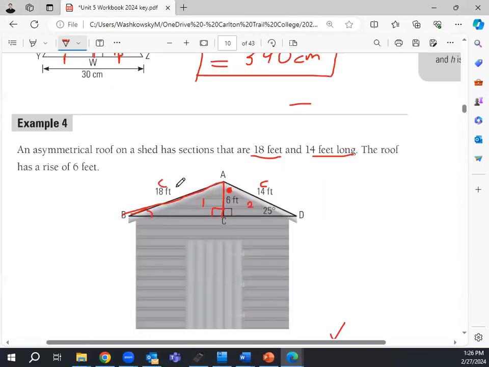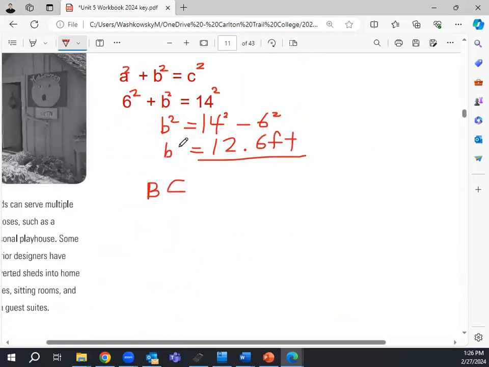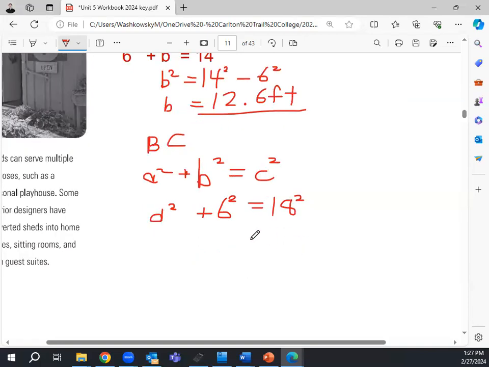18 is my hypotenuse, so just like before, it's going to be a squared plus b squared equals c squared. It's just repeating with some slightly different numbers.